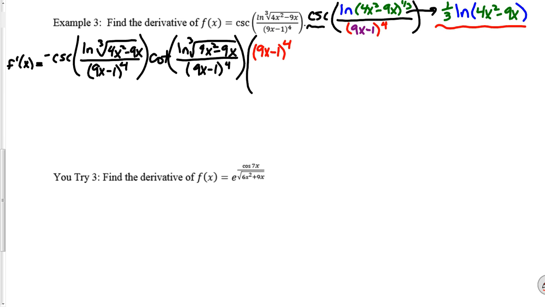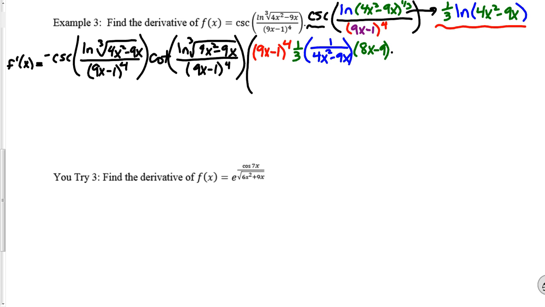So that derivative is going to be 1/3 times, the derivative of natural log is 1 over, so my denominator is going to be 4x squared minus 9x. That's the derivative of the natural log. Then the derivative of the green inside is going to be 8x minus 9. So in the blue and green, that's the derivative of the top.